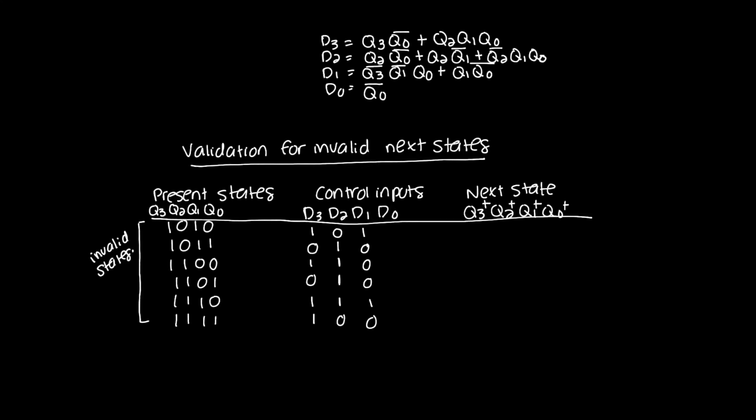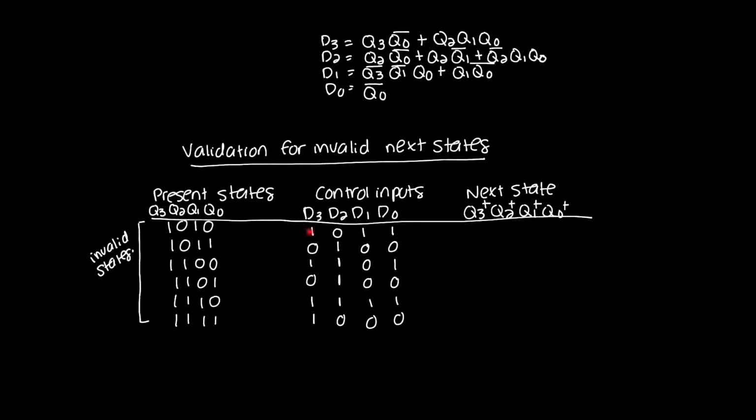Okay, what about D0? D0 is high when Q0 is low, which is here, here, and here. But the next state for a D flip-flop is just going to be whatever D is.